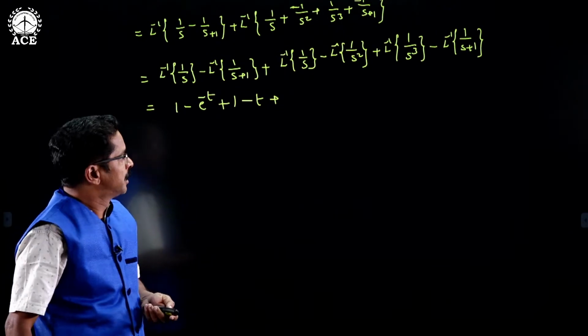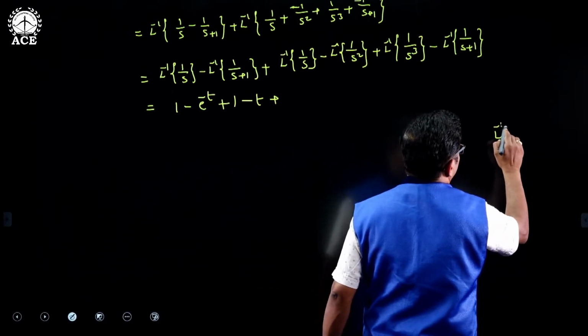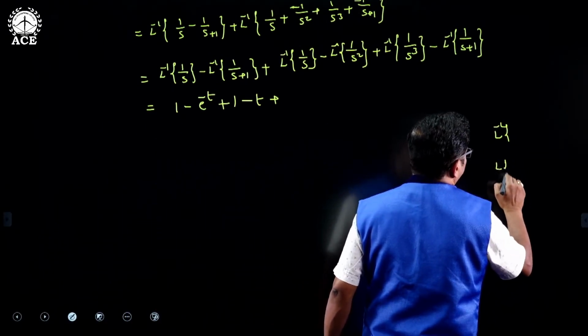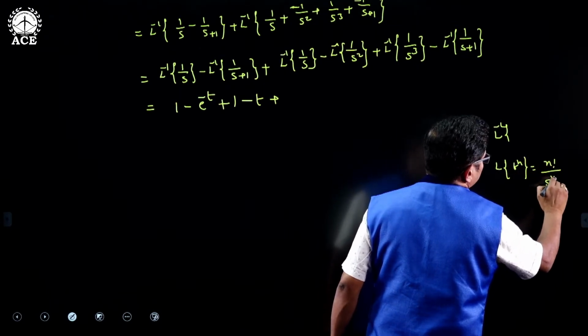Actually, L of t power n is what? n factorial by s power n plus 1.